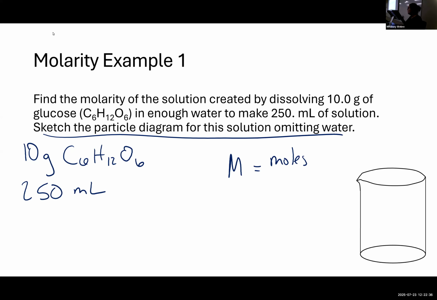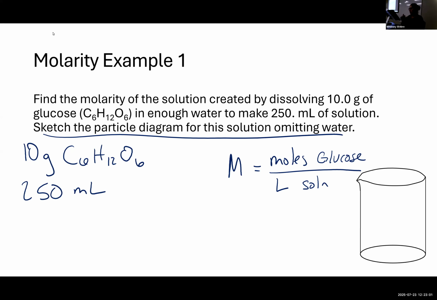And we can identify what is the solute here. Is it glucose or is it water? Glucose. And the bottom is going to be liters of solution, which is the combination of water and glucose. So I'm just going to write SOLN for solution.